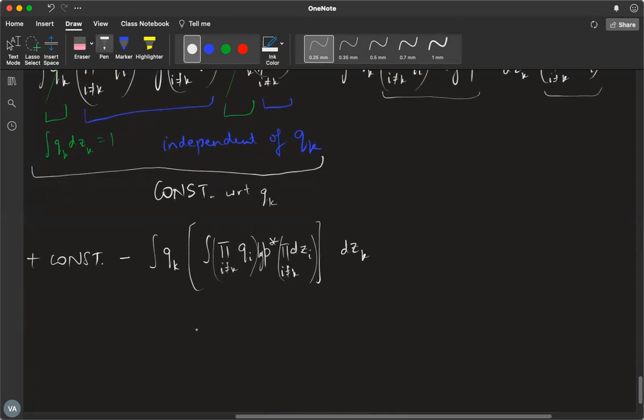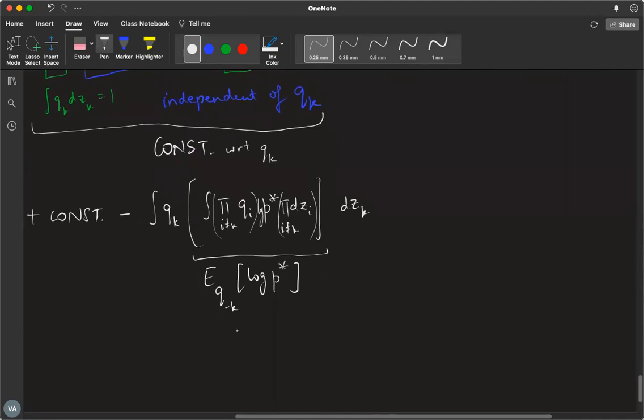So now what is this term? This can be written as the expected value over q of minus k of log p star, right? Now, what is this q of minus k?